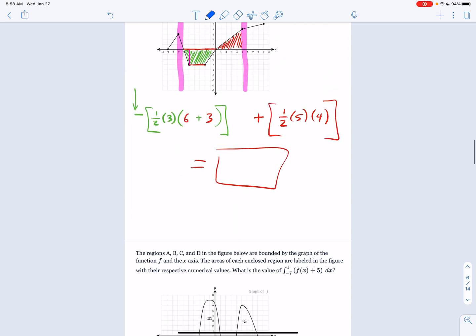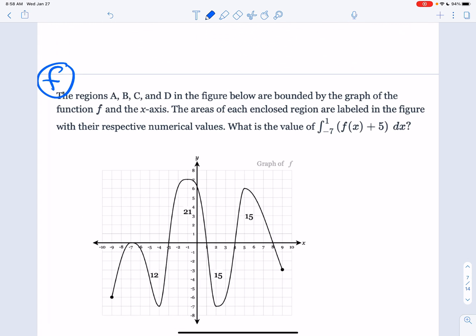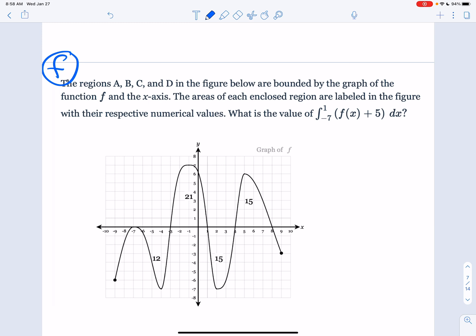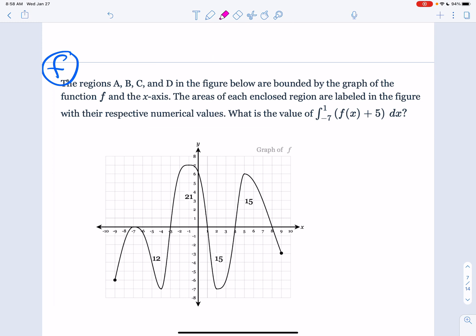All right, here's something a little bit different, part F. Make sure that you're on the right problem here, okay? So here's the last type. They tell you about regions A, B, C, and D, which are the areas that have values indicated in the picture, okay? So then they ask you this.